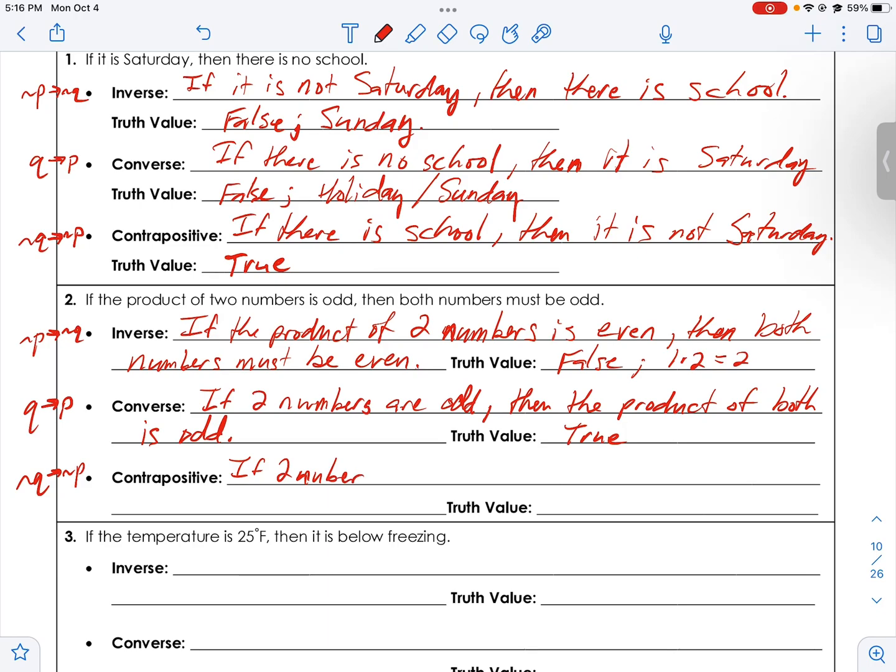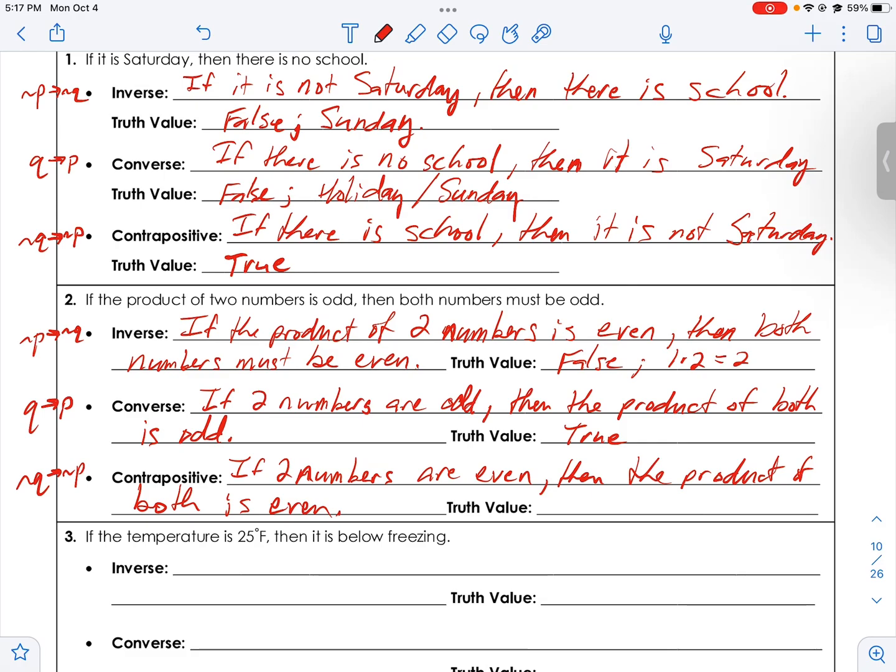If two numbers are even, then the product of both is even. So let's see. If two numbers are even, then their product is even.